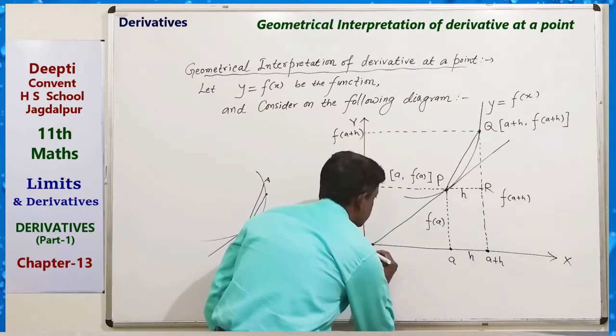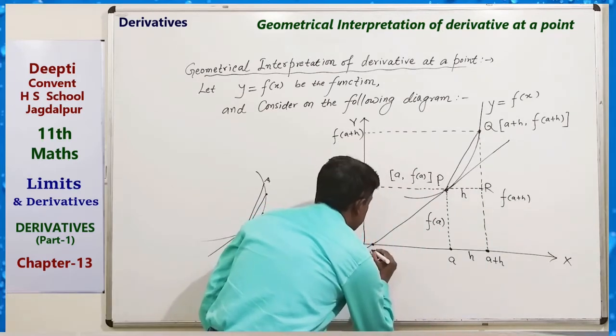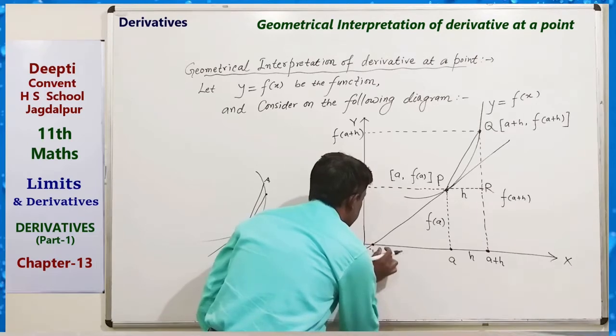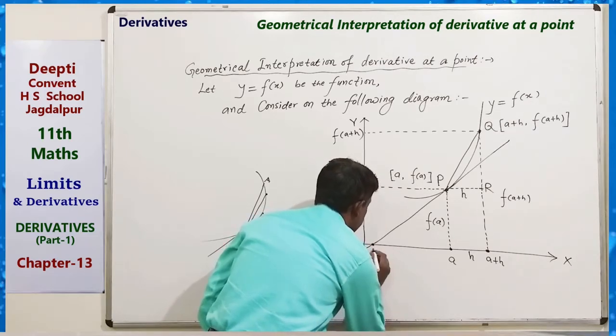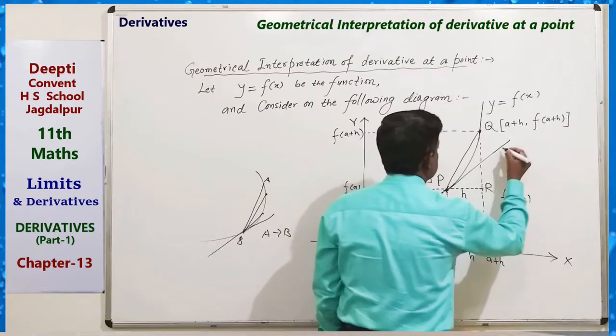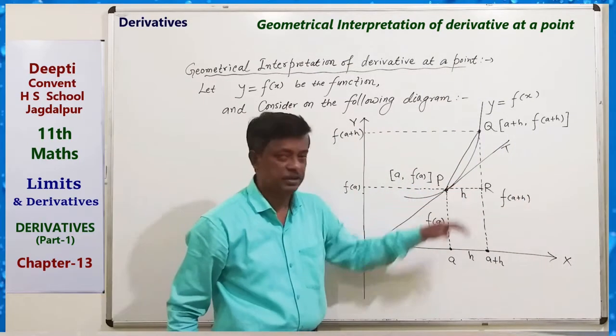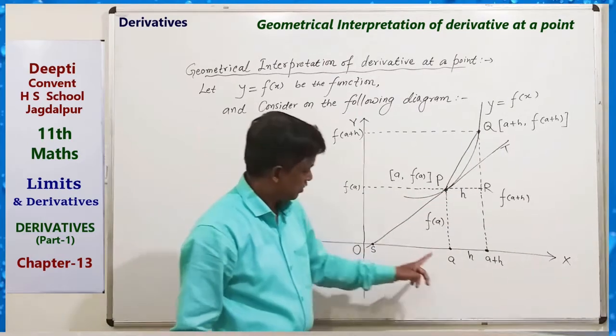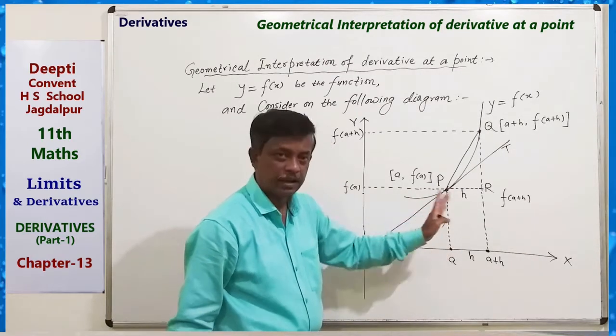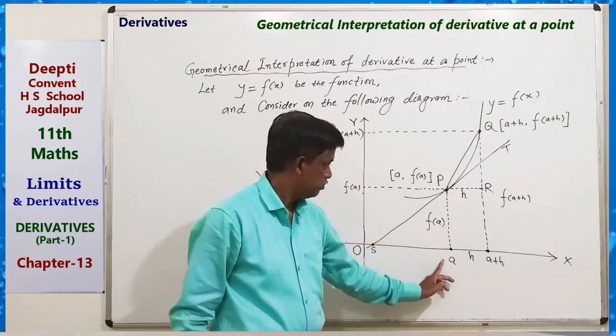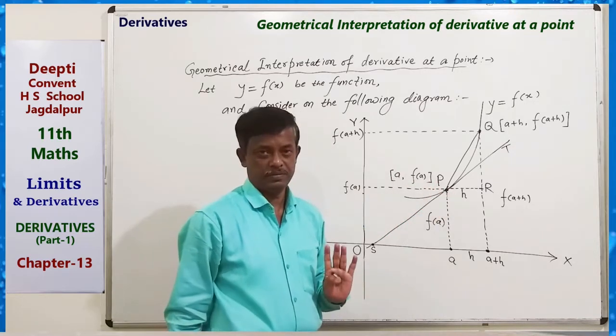This is T1. Suppose this is S, this is T. ST is the tangent at the point P to the curve, at point A, means at this point.